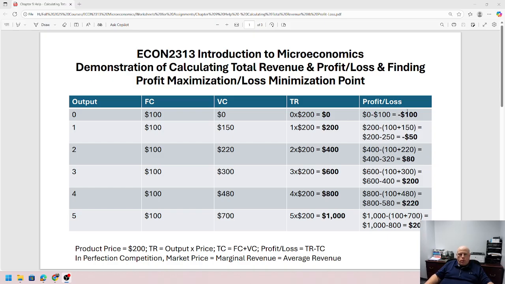So over here on the profit or loss column, in that very first row of the table, where you have zero rate of output, you haven't produced anything yet, you're going to have a loss equal to your fixed cost, because you don't have any revenue, but you are having to pay $100 in fixed cost.